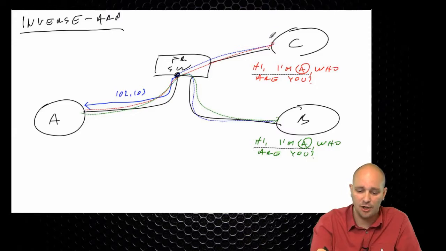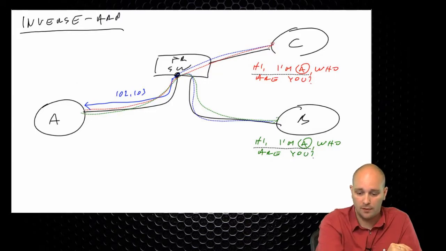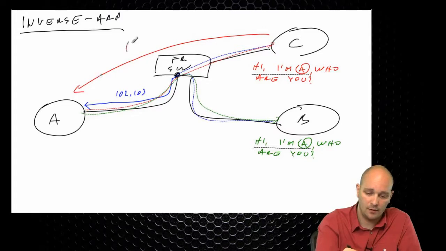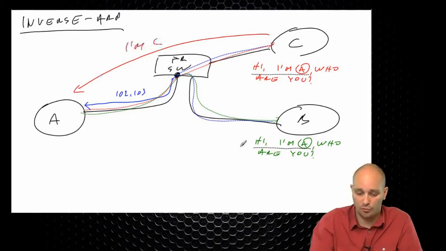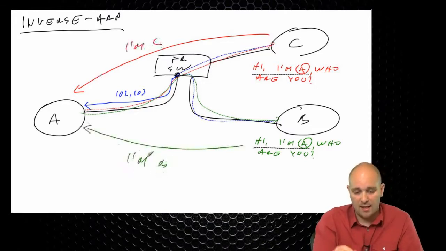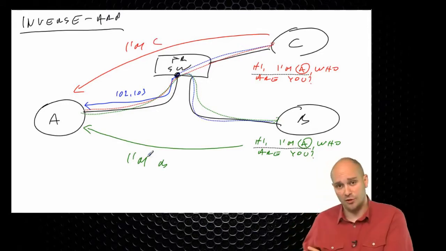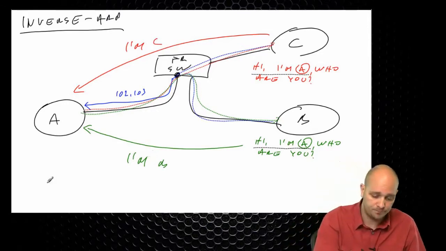So C will always respond back saying, okay, I'm C, and B is always going to respond with I'm B.